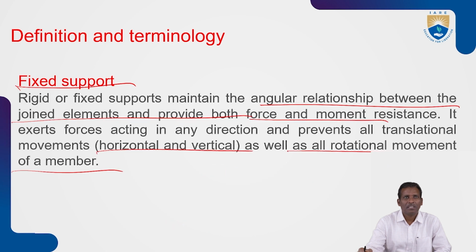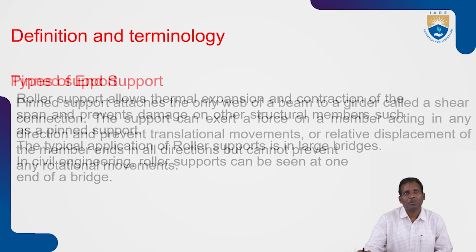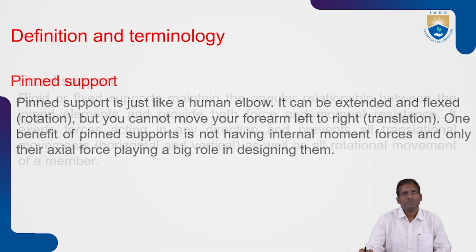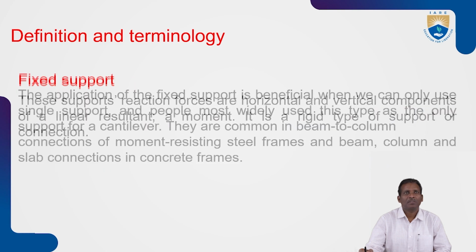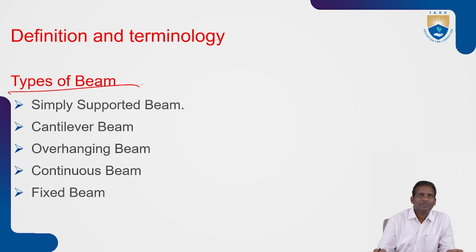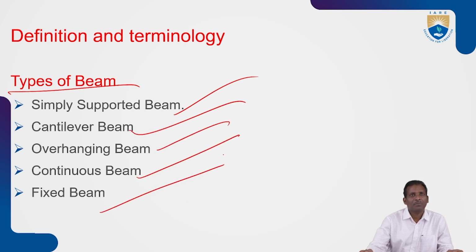So the terminology, the roller support, pinned support, types of end supports, fixed support. Clear? Now we will see the types of beams: the simply supported beam, cantilever beam, overhanging beam, continuous beam, and fixed beam.